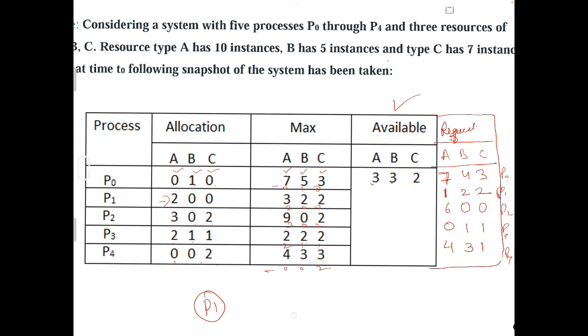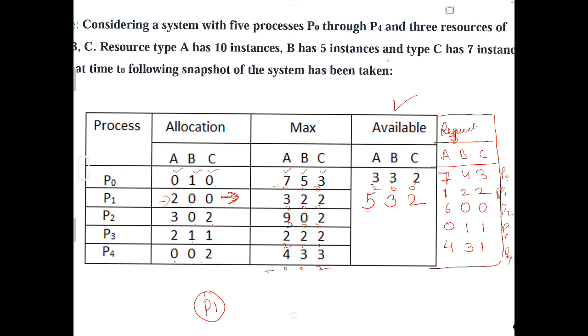Once P1 is executed, whatever P1 already had will be released. Available was 3, 3, 2. These will be released plus 2, 0, 0, so available resources will become 5, 3 and 2. Now we'll move to the next process. 6 will be needed.